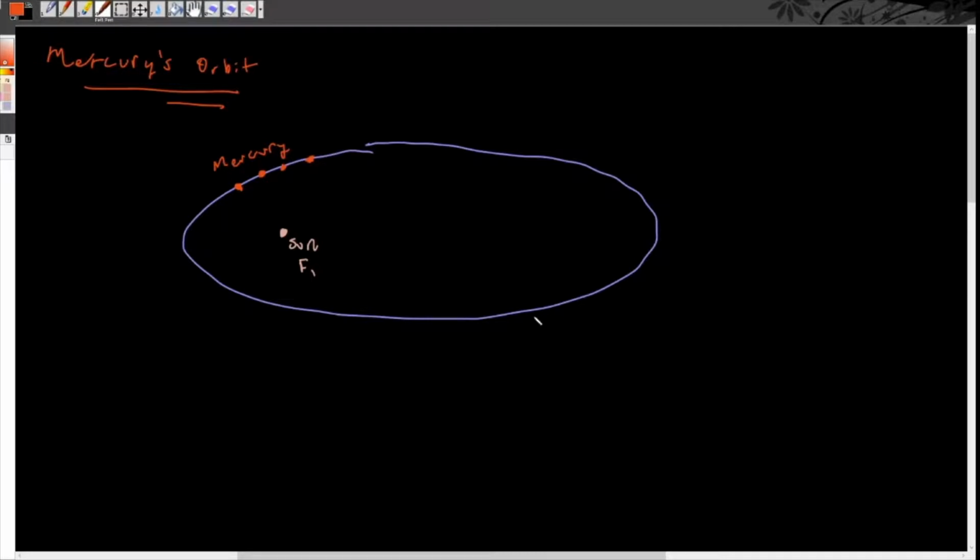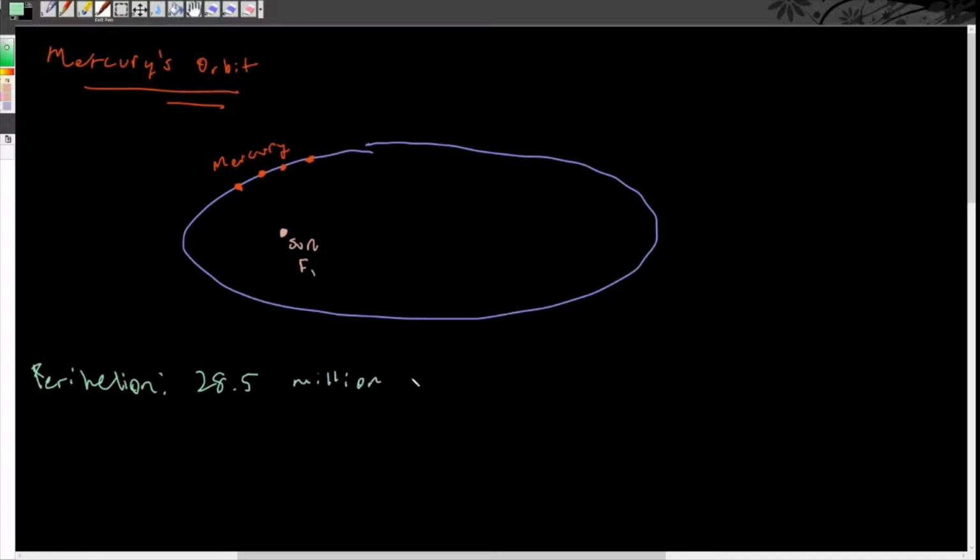And we are given the perihelion and the aphelion. So the perihelion, the closest distance, I want green here, is 28.5 million miles.